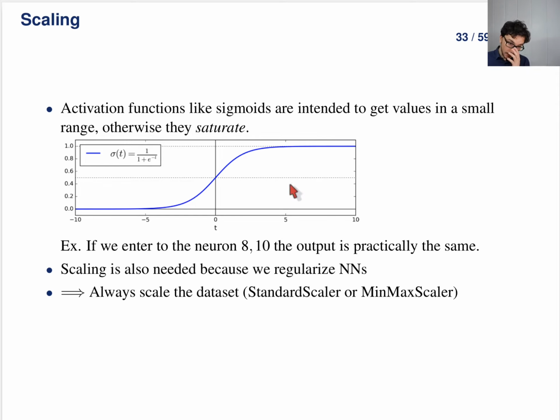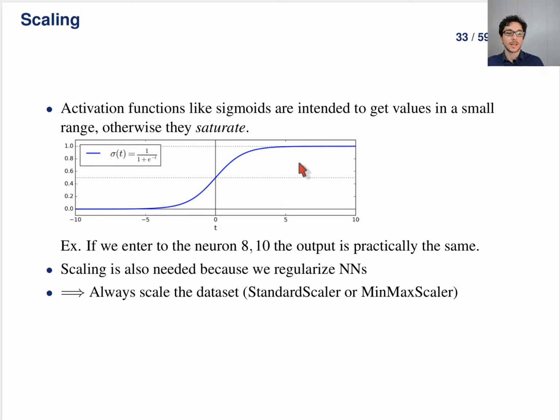Another thing you should pay attention to is to scale your dataset before giving it to a neural network. This is because some activation functions that may be used inside the neural network, like a sigmoid, are sensitive to the range of the input values.